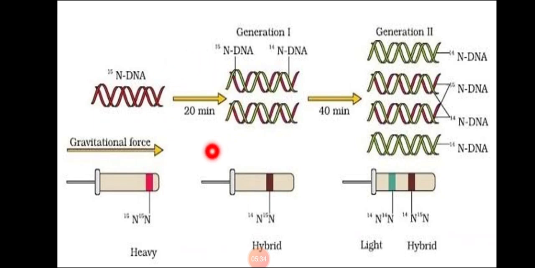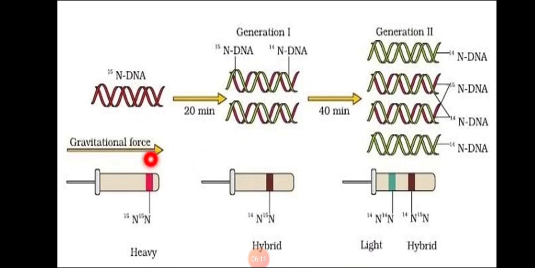After 20 minutes, we can see the first generation. After the first replication, the DNA was neither heavy nor light. That means it is neither purely N15 nor purely N14, but in between it shows a hybrid N14 and N15 DNA molecule, which is observed by centrifugation as a band in the middle of the test tube.